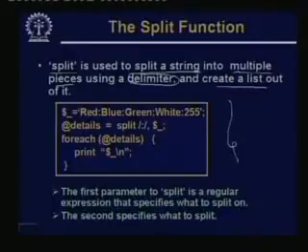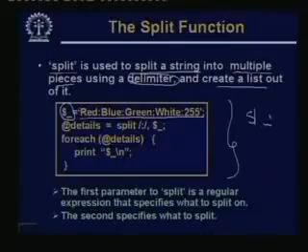Let us take a small illustrative example. Suppose I have a list like this: red, blue, green, white, 255, separated by the character colon. The whole thing is a string. Now you look at this assignment, we have assigned this string to a variable $_. We could have used any conventional variable name, but we have chosen to use $_. Now $_ has a particular significance. $_ is a default variable in Perl.